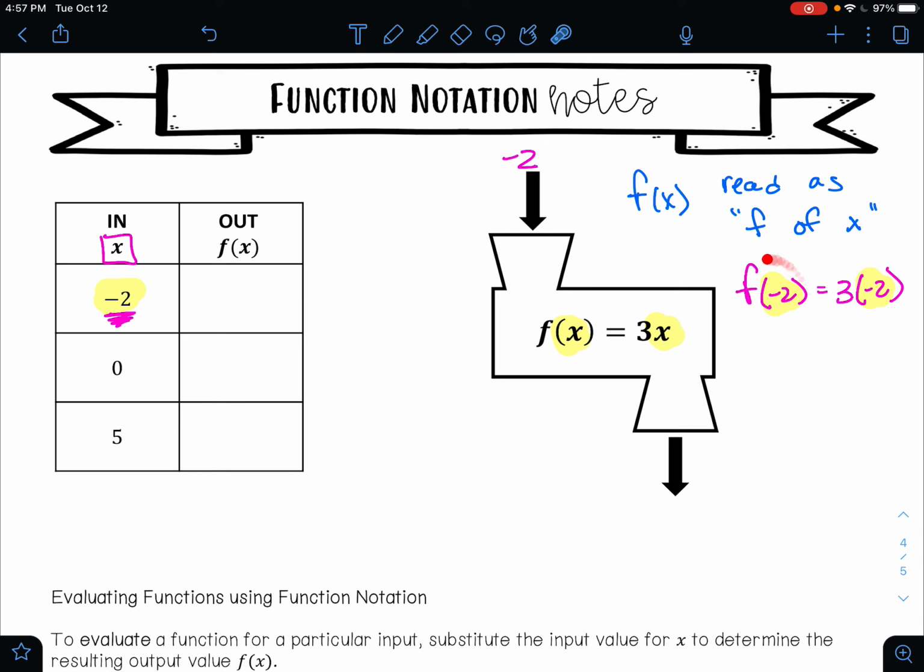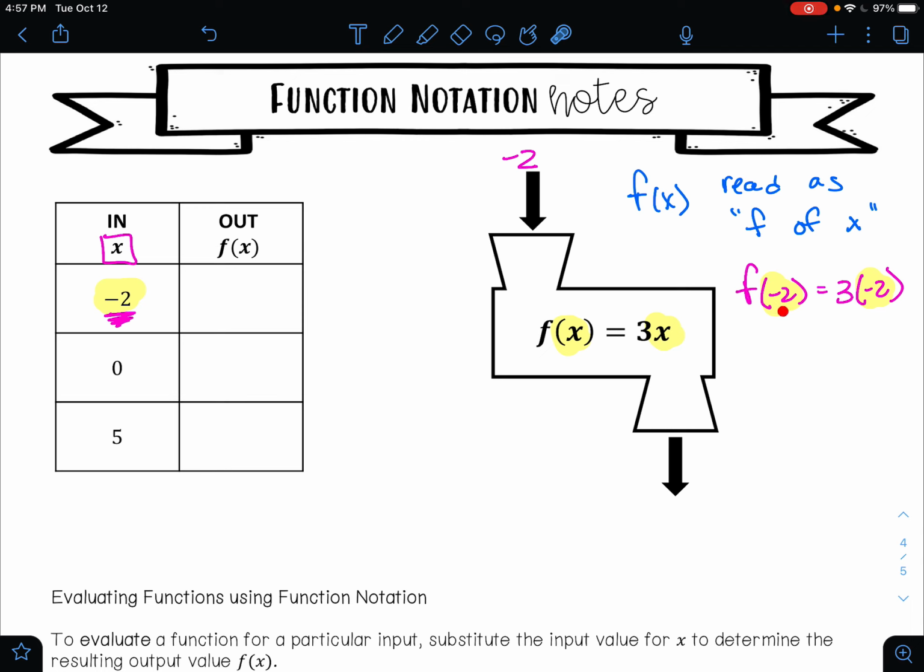This side right here is just notation. There's nothing to solve on this side. We're just saying, hey, we're looking at the function f. We're at the vending machine at the end of the hallway. This is telling you the location. And then inside, that's telling you what x is. So think about it this way. This is telling you how much what you want costs. So this is the location.